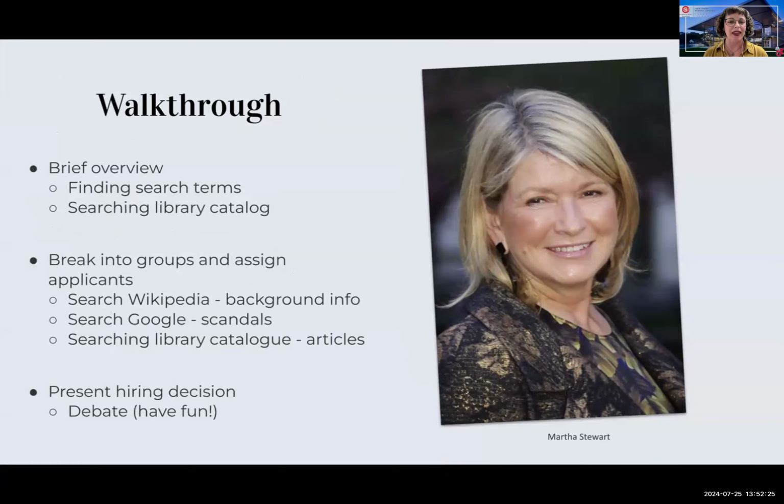They first go into Wikipedia and find out some basic background information about their applicant. Then they go into Google and find out what scandal is connected to their celebrity applicant. And then they take those search terms they found in Wikipedia and Google and go into the library catalog and find a newspaper or magazine article about this scandal.